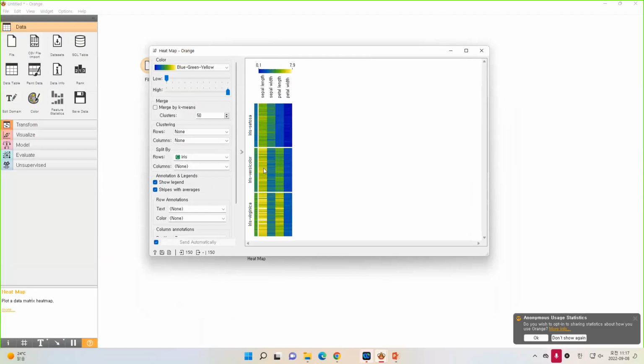And the color represents the numbers. If you look at this scale, blue means very small and yellow means the highest. So if the color is becoming more yellow, then the size is high. If the color is more on blue, then it is small. So we can see directly from this heat map the data patterns or the data distribution.